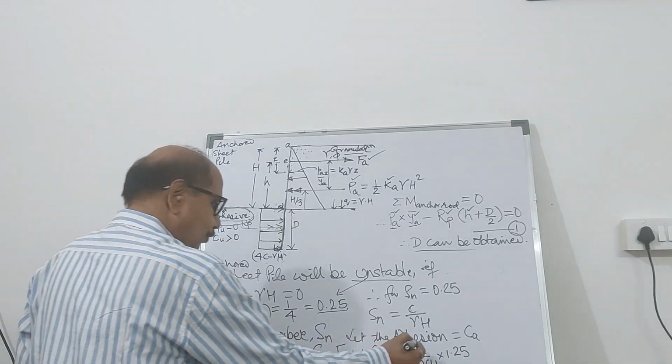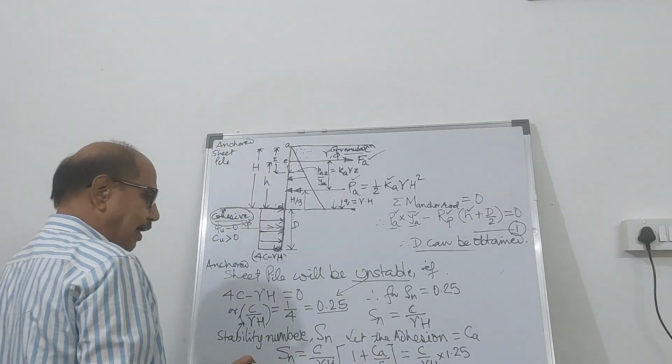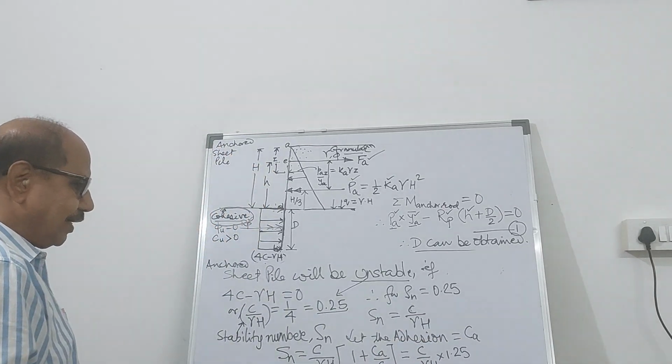So, if you take 0.25 multiplied by 1.25, it becomes 0.3.